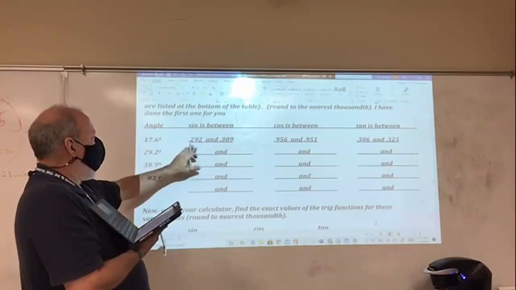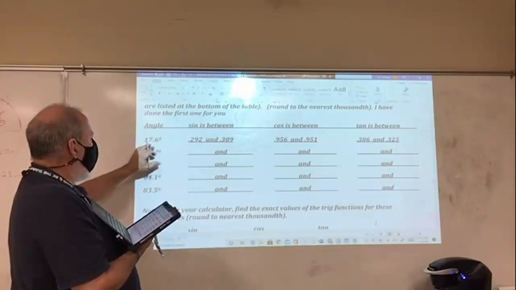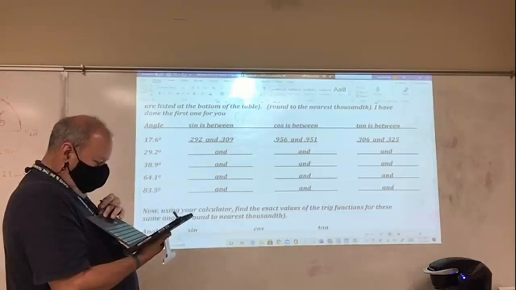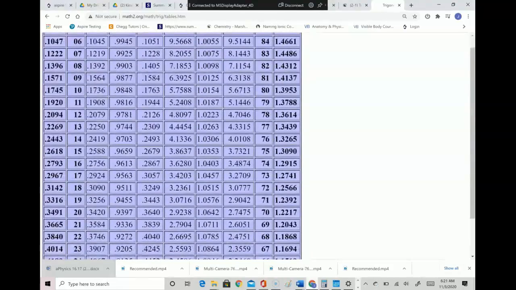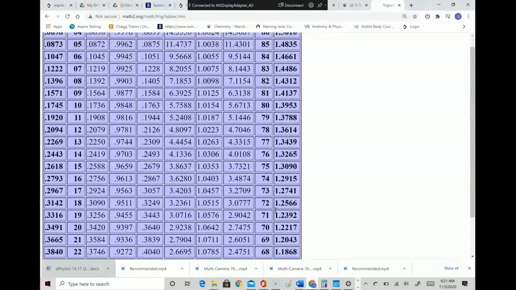Okay, so if I say that the angle is 17.6, and I go to my trig table, I want you to go down to between 17 and 18. I can't draw on the web page here, but I can point out that the cosine is between 0.9563 and 0.9511, the sine is between 0.294 and 0.3090, and the tangent is between 0.3057 and 0.3249.